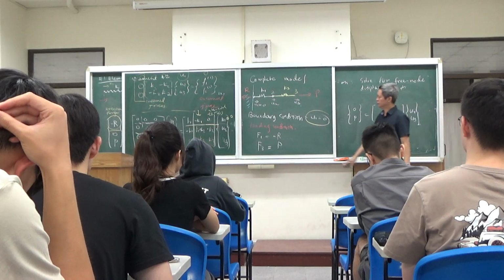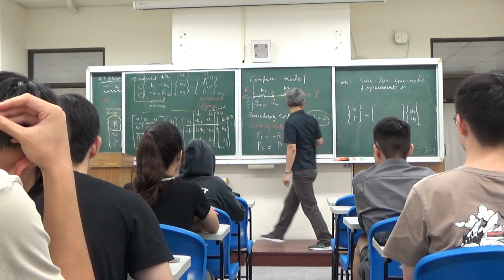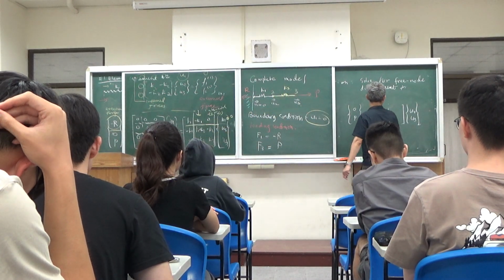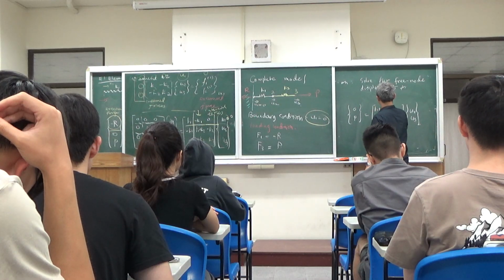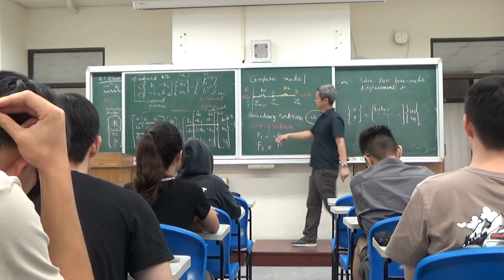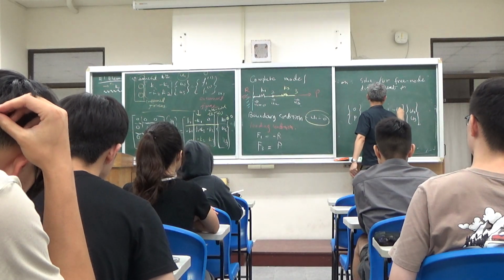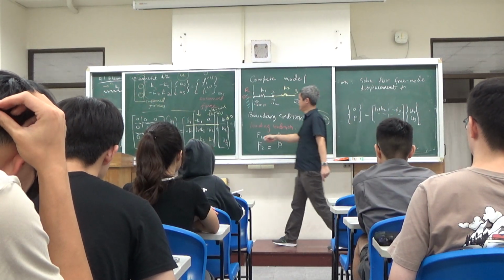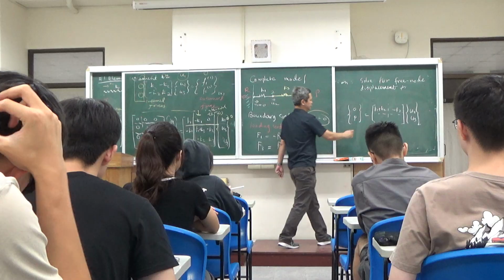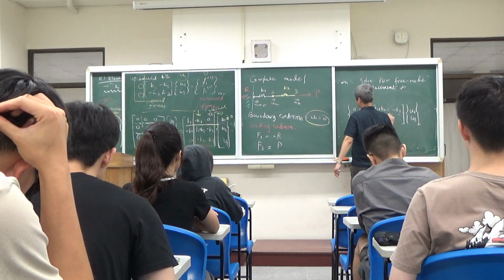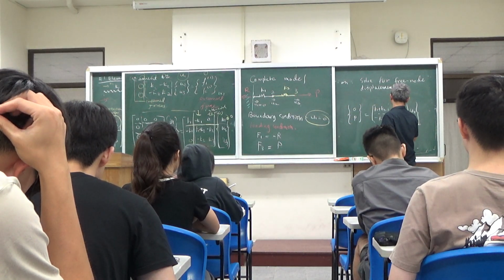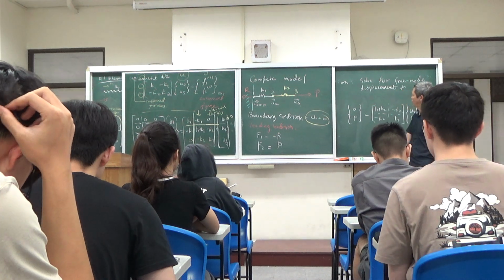Okay? So you copy it. This is K1 plus K2 in the first row, first column, this is first row, second column. And then next you have the second row, first column, and second row, second column.